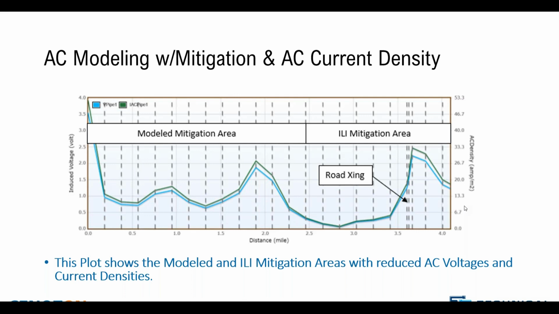It's based on 1 amp per meter squared DC on your pipeline. If you have 1 amp per meter squared DC, you're over polarizing the pipe. That's a lot of cathodic protection.